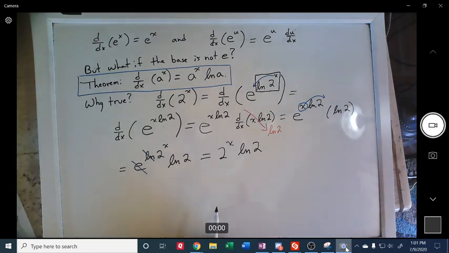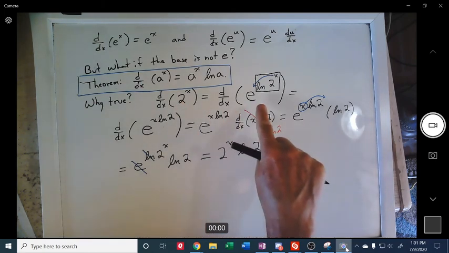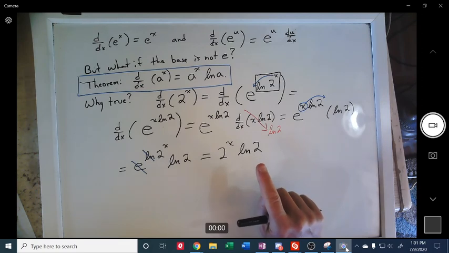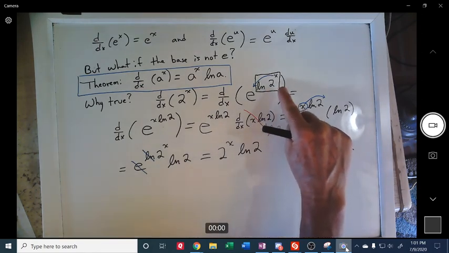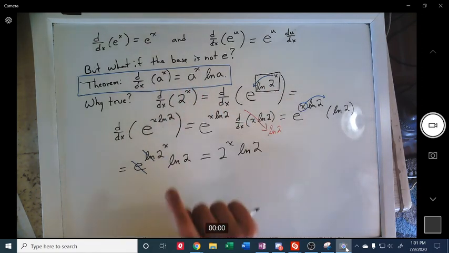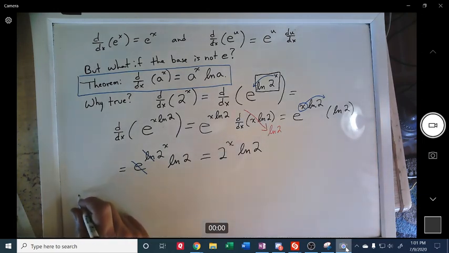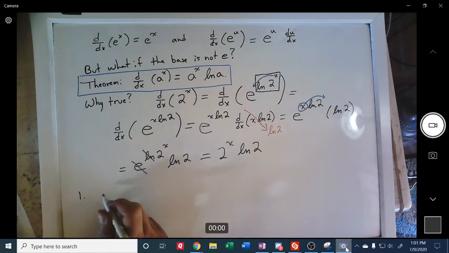All this rule is a shortcut, so you don't have to force it into base e every time. If you force it into base e every time, you'll do this kind of thing, but you'll wind up getting this result. So this is just a shortcut to get to that result right away. And this theorem allows us to do problems like this and get them instantly.